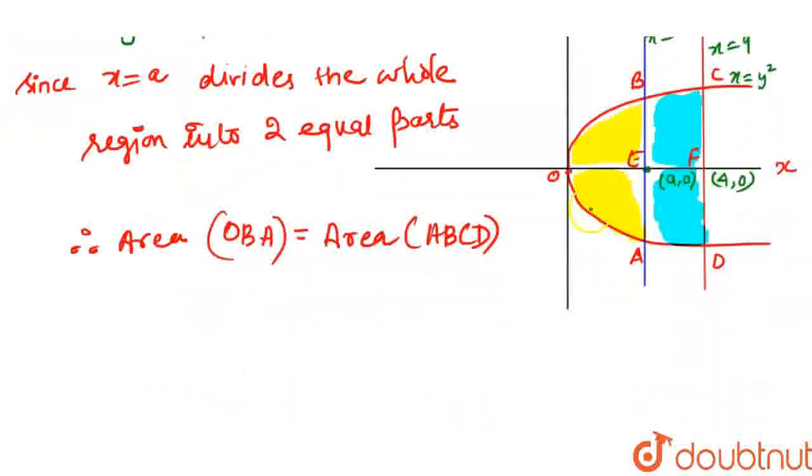Now we know that OBA is half times of OEB, right? That means we can say that OEB is equal to half of OBA.